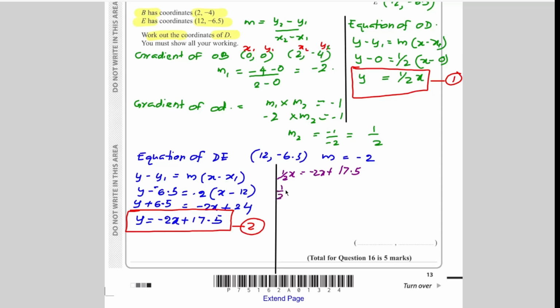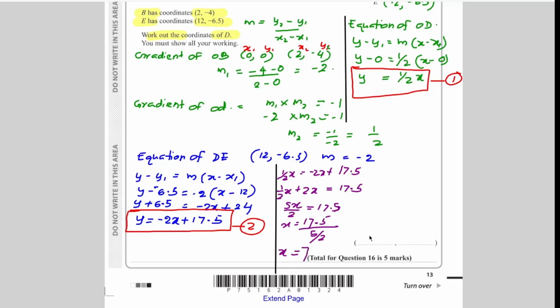Now let's bring all the x's to one side. Half x plus 2x equals 17.5. So half x plus 2x becomes 5x over 2 equals 17.5. Then x equals 17.5 over 5 over 2, which gives out 7.